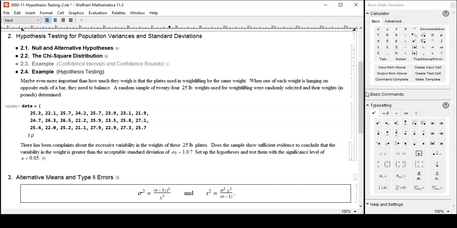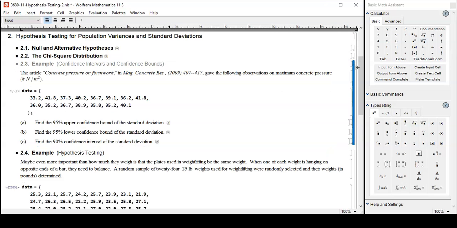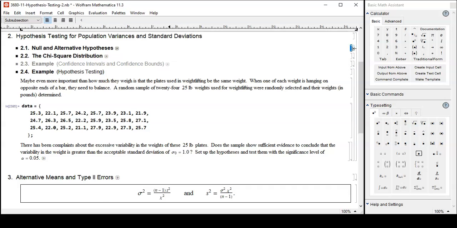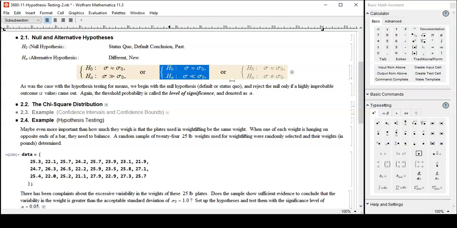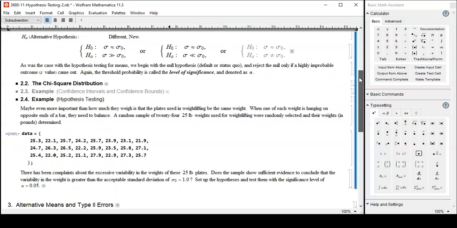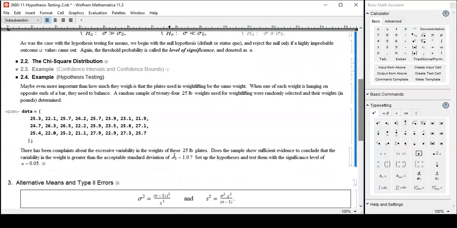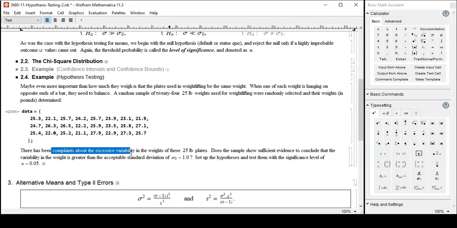Let's set up the hypotheses. So is it going to be the first or the second? Which one? Greater than sigma 0 or less than sigma 0? Which one is appropriate? Well, first read the problem. There has been a complaint about excessive variability.